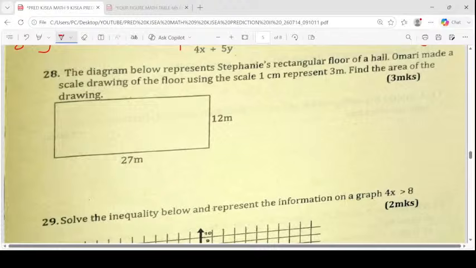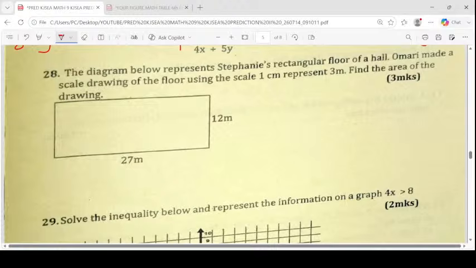We are supposed to find now the area of the drawing.